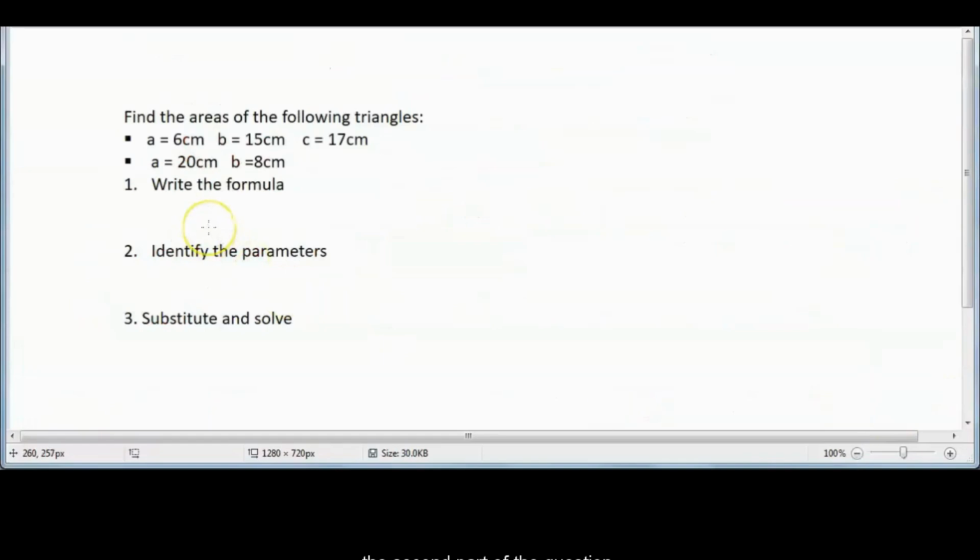Okay, the second part of the question has two sides given. So we're not going to be using Heron's formula. The formula for calculating the area of a triangle with two given sides is half times A times B, where A and B are the two given sides, respectively.